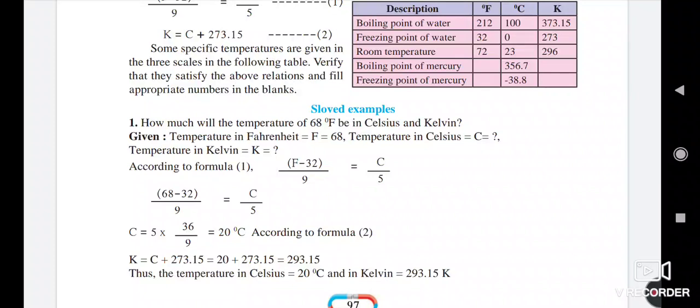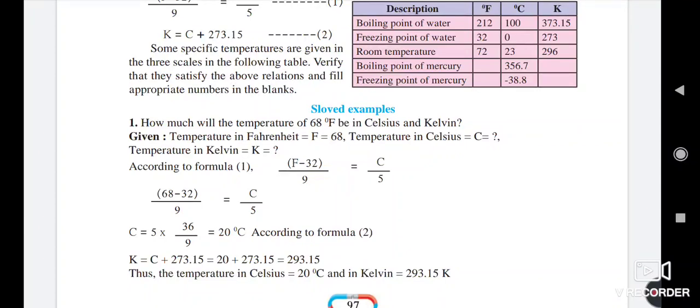So we have to use formula 1 and formula 2 to convert 68 degrees Fahrenheit to degrees Celsius and Kelvin. The temperature in Fahrenheit is F equal to 68, and we have to find the temperature in Celsius and Kelvin.